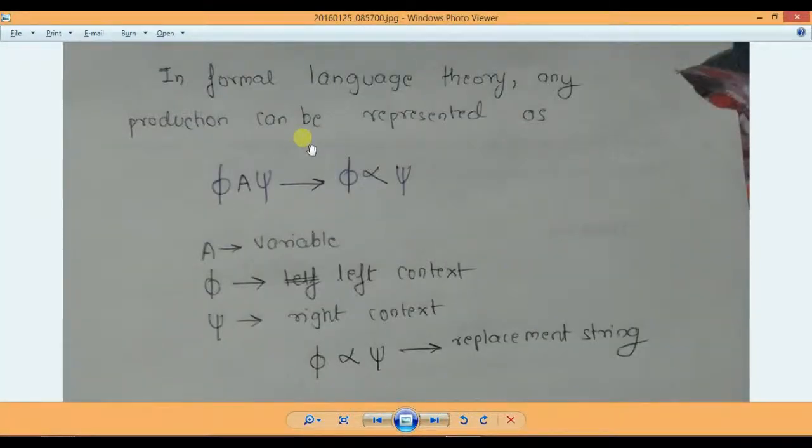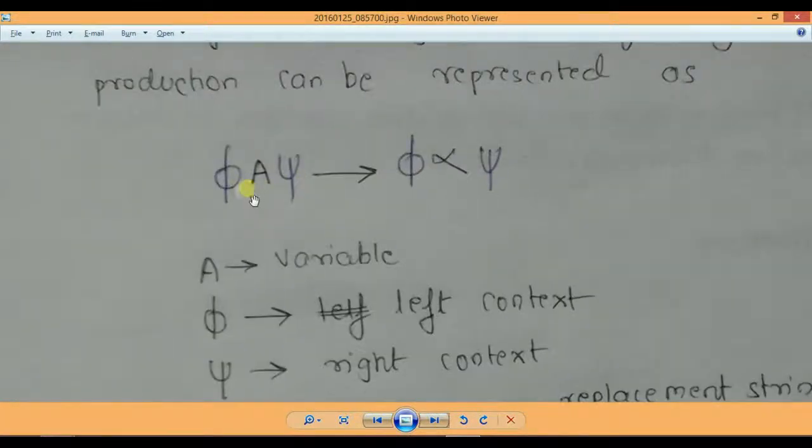Now moving on, in formal language theory, any production can be represented as phi A psi, this arrow, then phi alpha psi. I assume you remember what production rules are. I discussed it in the previous tutorial.